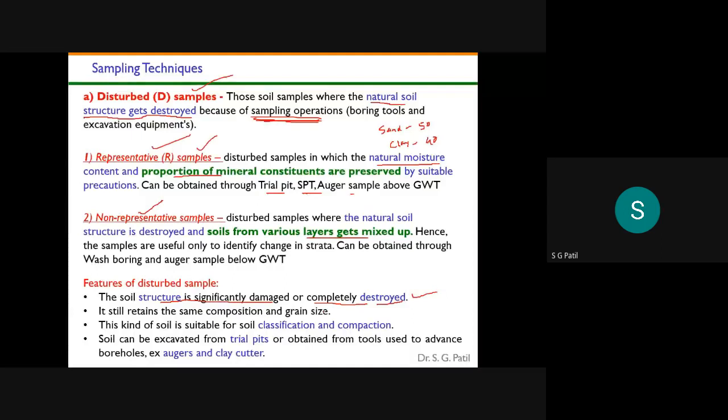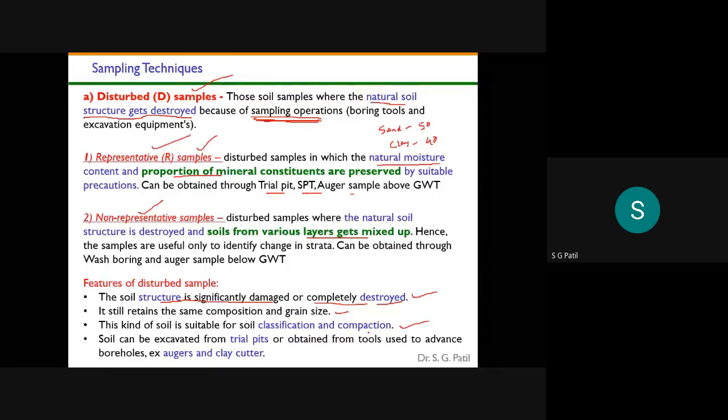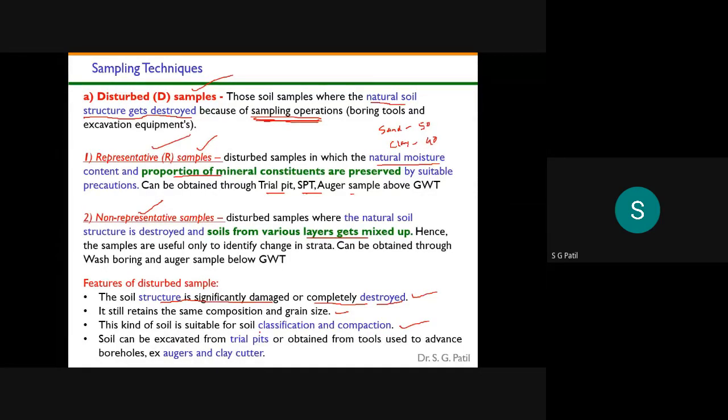The second feature is that it still retains the same composition and grain size. So whatever the composition of the soil, it is still retained here. This kind of soil is suitable for classification and compaction purposes only. You can't use these disturbed samples to find out engineering properties. You can only use them for classification purposes, to find out the index properties.